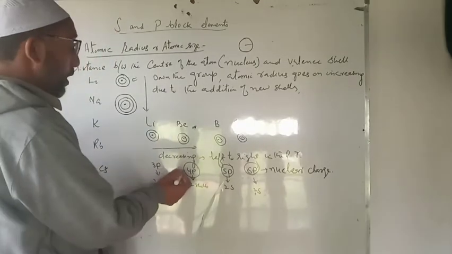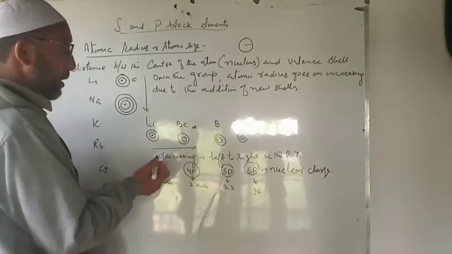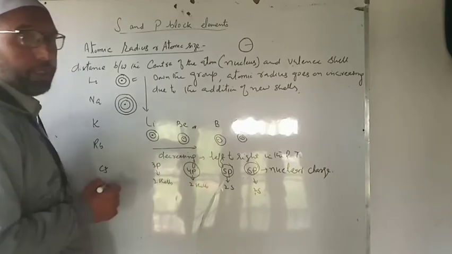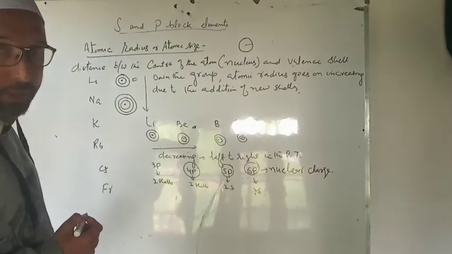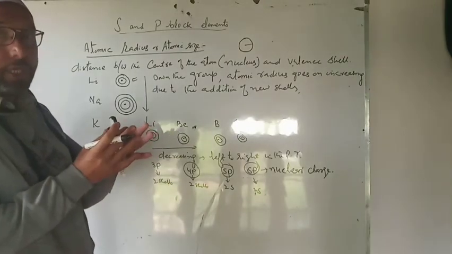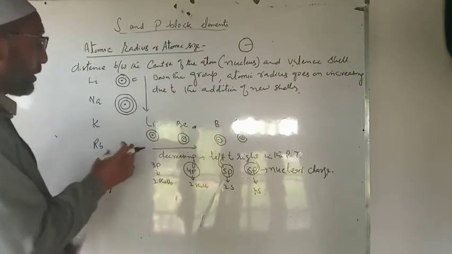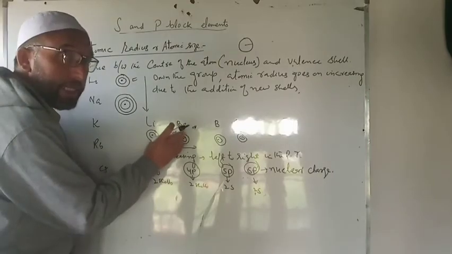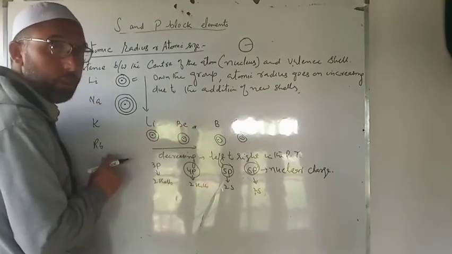And in the same way, 4 protons will attract these 2 shells more strongly than the 3 protons in lithium. So when the force of attraction increases, the shells will be attracted more towards the nucleus.